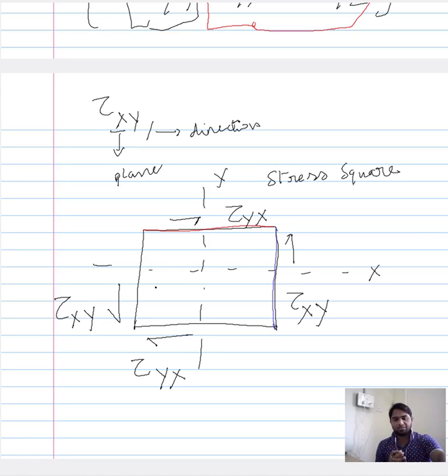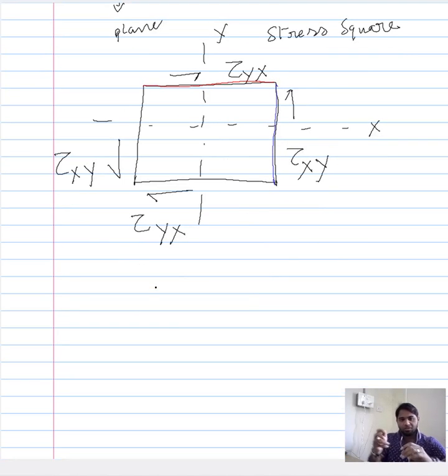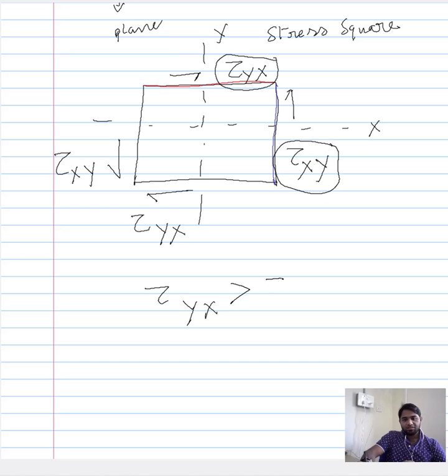Let's just talk about these two stresses. Supposing tau yx becomes greater than tau xy. If this stress is greater than this stress, then this square would start to rotate.